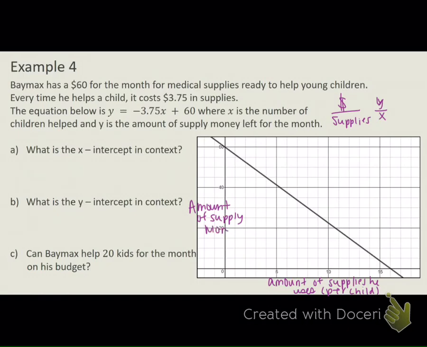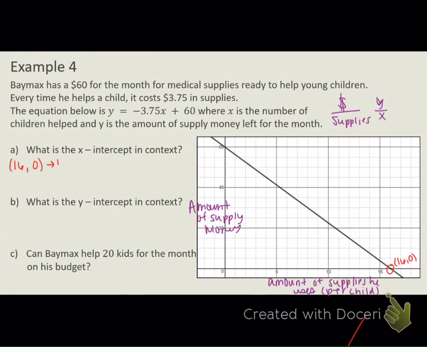Okay. What is the x-intercept in context, Tanari? And what does that mean? So x is the number of children he's helped. y is the amount of supply money he has left. So when Baymax has helped how many children? 16 children.